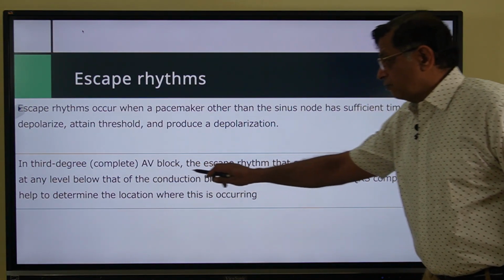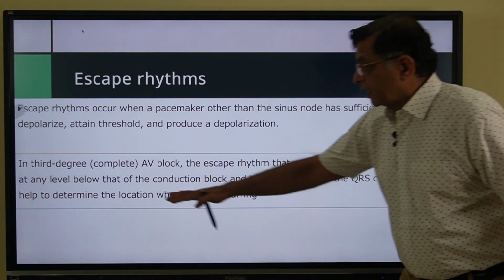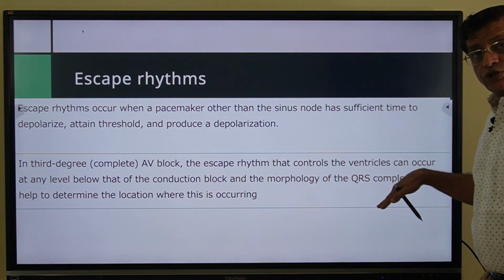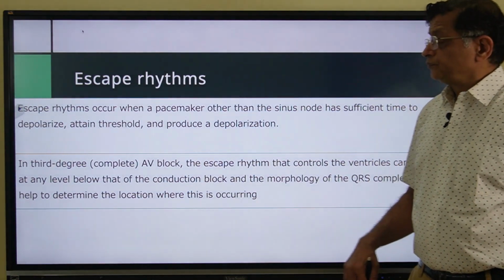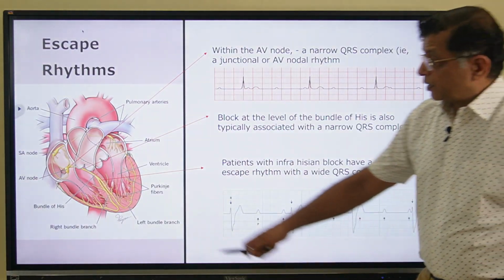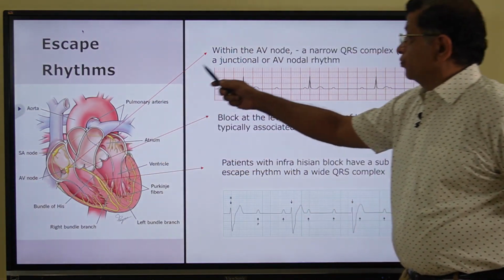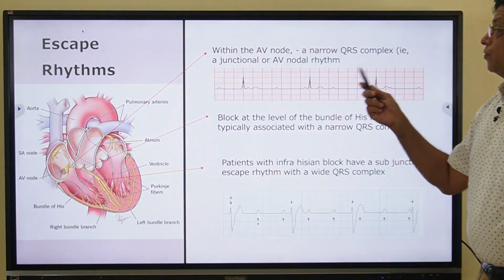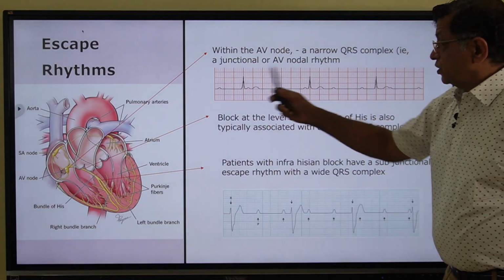In third degree complete AV block, the escape rhythm that controls the ventricles can occur at any level below the conduction block, and the morphology will tell us approximately where the block is. For example, if it is just in the AV node or just below the AV node, the patient will have complete heart block, but the QRS complex will be narrow.